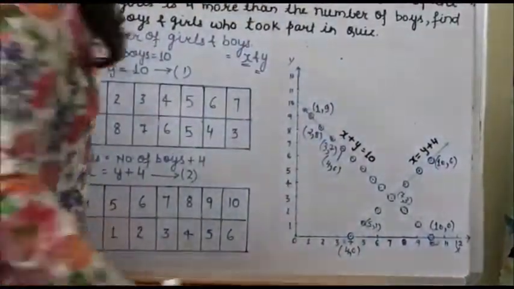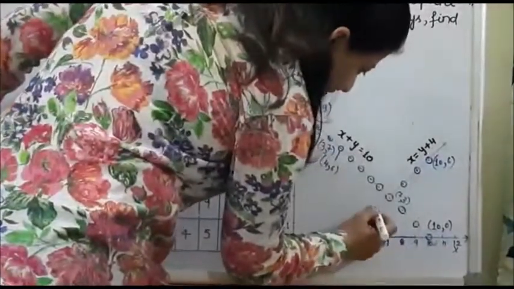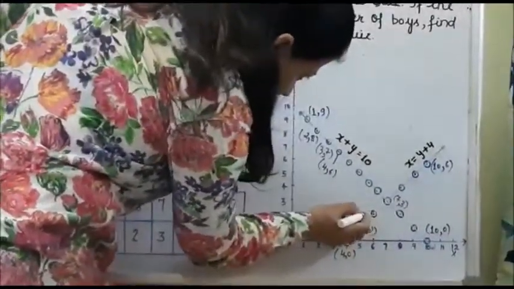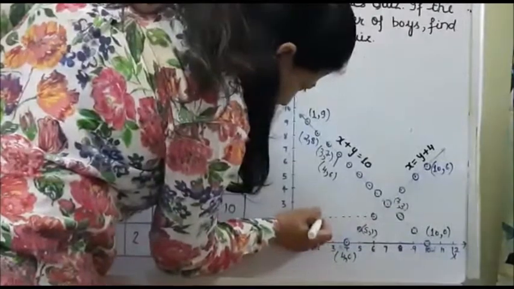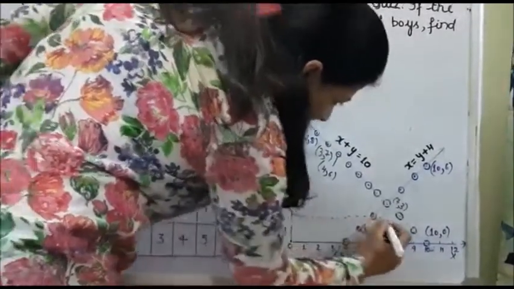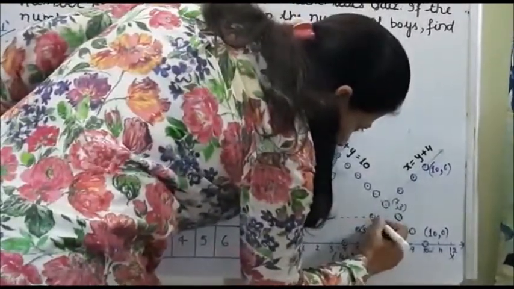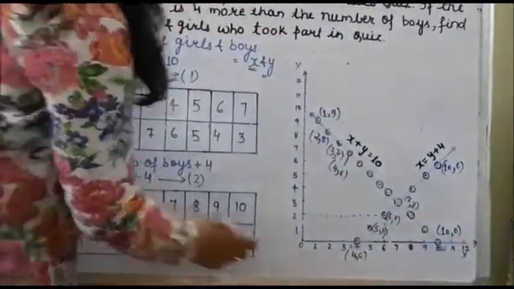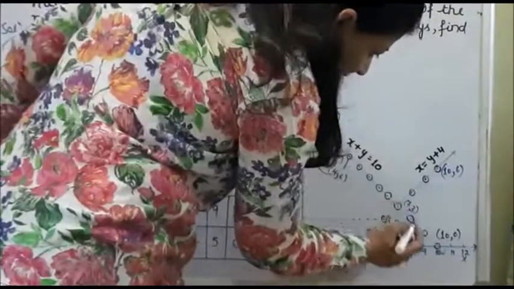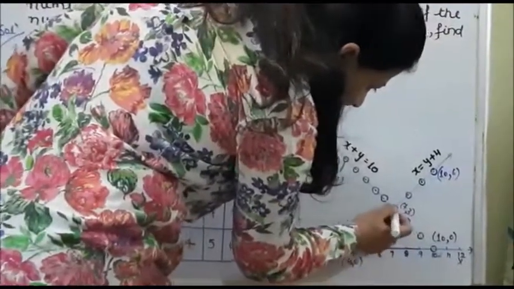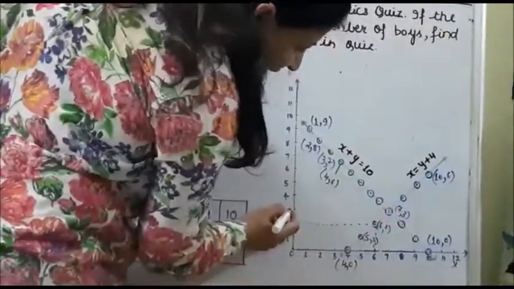6, 2. X-axis 6 and y-axis 2. Just see, this is 2. This will be 6, 2. Now, next is 7 and 3. This is 7 and this is 3.